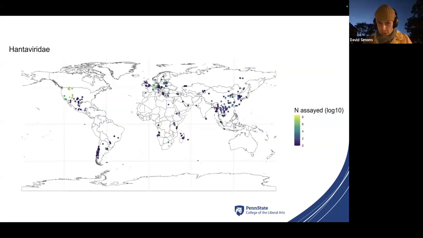So I thought I'd just show some more maps. This is a map of the assays for different hantaviruses. The more yellow, more green, it just means the more there are. So there's lots of sampling in Montana, California, and Nevada in the US, and that's related to looking for Sin Nombre, and a lot come from Central and Northern Europe, and that's looking for Puumala virus, which is another hantavirus.